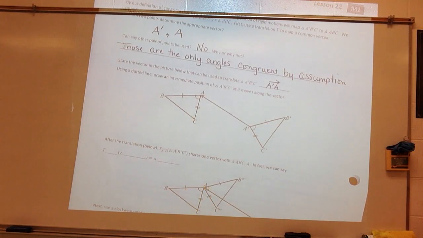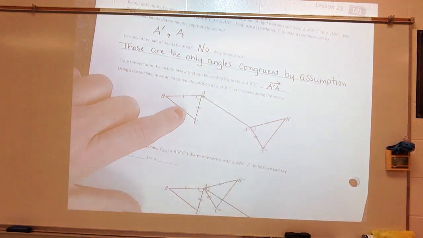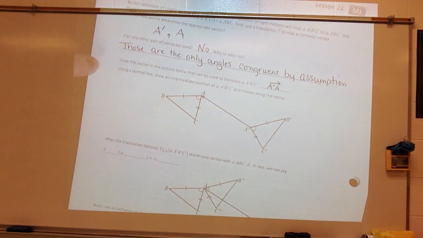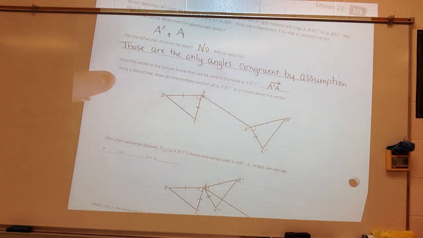So as we move along this vector, my triangle is going to move this way. Okay? Now, we didn't use a dotted line. They drew a solid line for us.